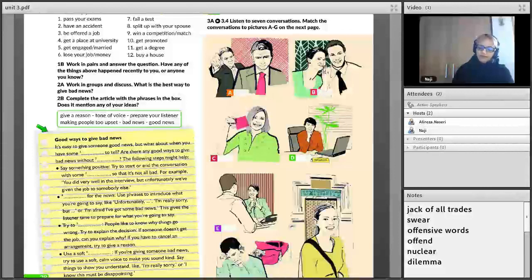Number 1, picture B. What is the good news? Good news, she's getting married, engaged. And what is bad news? Her friend in the conversation is not invited to the party because it is a very small family party. So that friend of hers is not invited. This is bad news about her marriage.